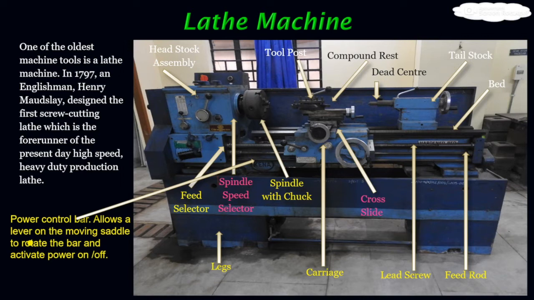But the lathes are widely used not for that purpose, rather the speciality operation of this machine is to make cylindrical jobs. If you want to get a cylindrical surface, then mainly lathe machines are used.